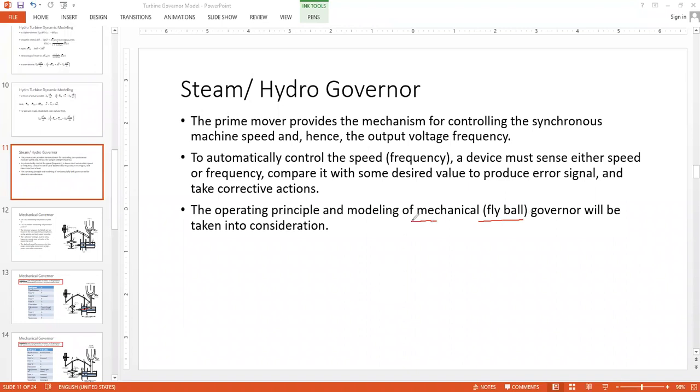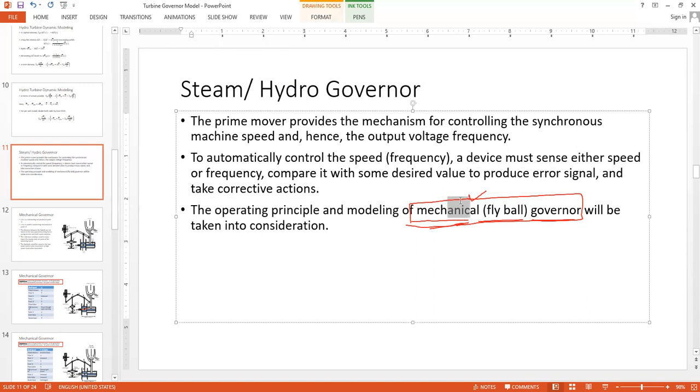In other words, it is the mechanical type governor, but in modern power systems, they probably will not go for the mechanical type. They will go for some electrical type. But for understanding the mechanism, we can start from the mechanical type governor. If the concept is clear for the mechanical type governor, then the actuators may be replaced, but the working mechanism would be almost identical. The actuators would be replaced, nothing else.